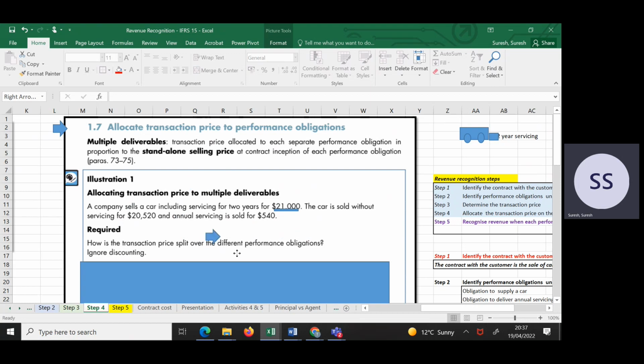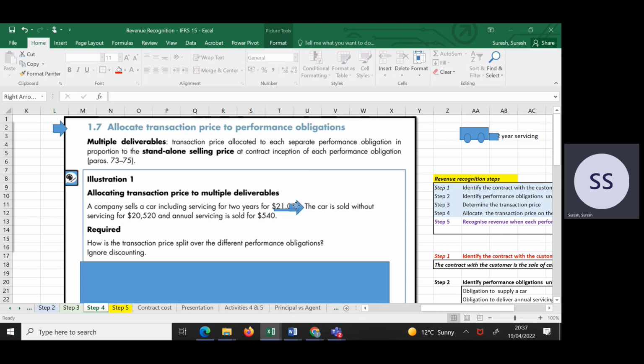So how are we going to split this revenue? The transaction price is the money that we're going to be collecting. How would this be split between the two performance obligations, and how will revenue be recognized in the books? That's what we are trying to find out, because it has two performance obligations.